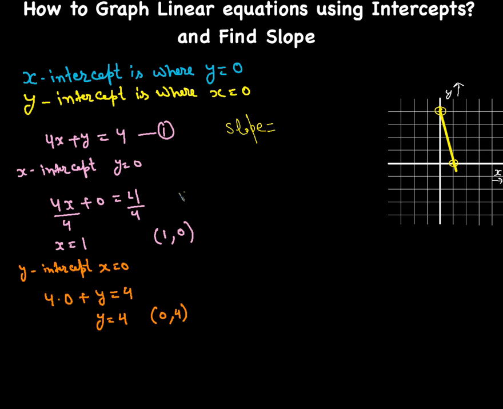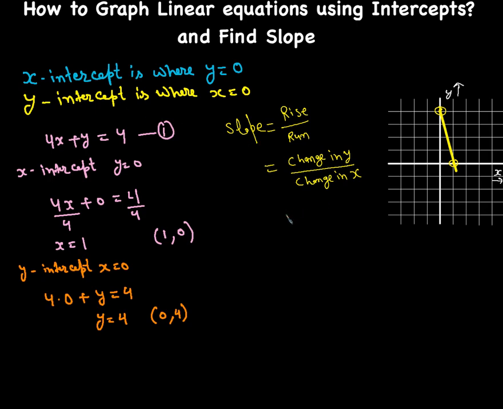So basically slope, we write it like rise over run. Okay, so rise over run. So that basically tells us change in y value over change in x value. Okay, so change in y value and change in x value.